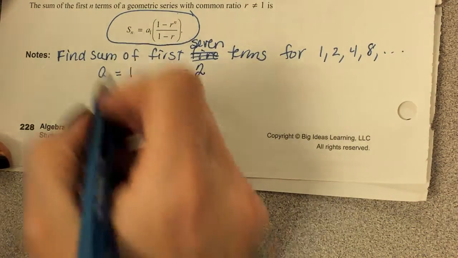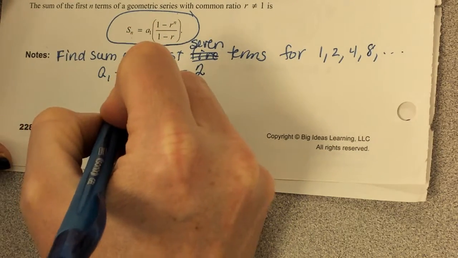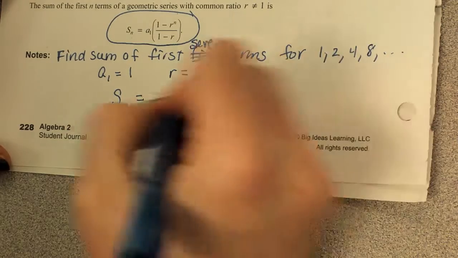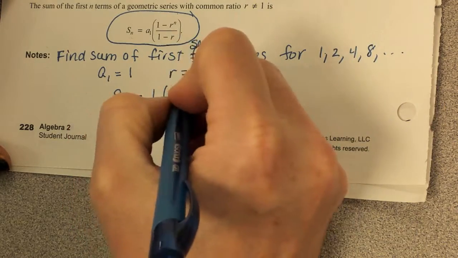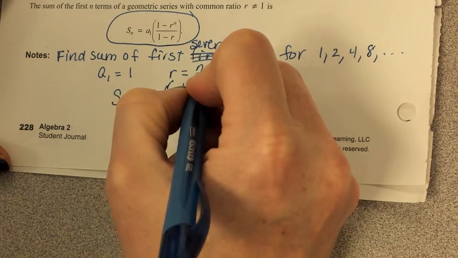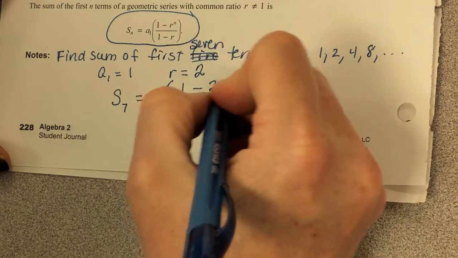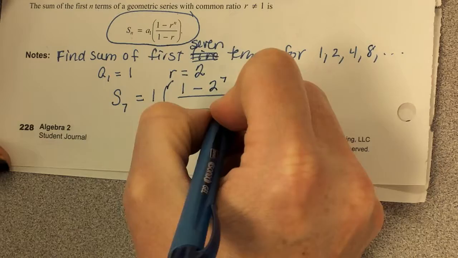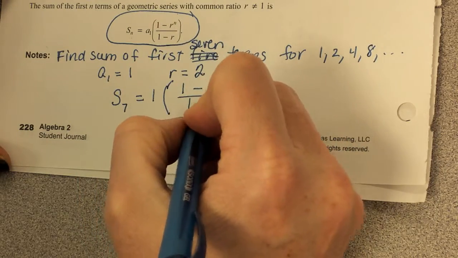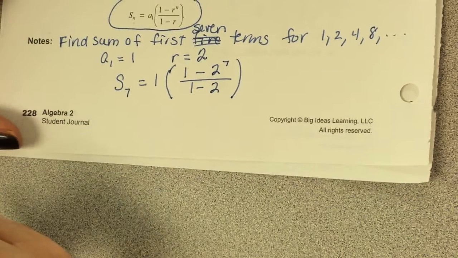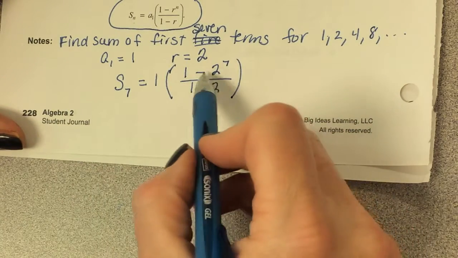So using this formula then, the sum of the first 7 terms is going to be a sub 1, which is 1, times 1 minus r, which is 2, to the n power, which is 7, all over 1 minus 2. What do I do first here?